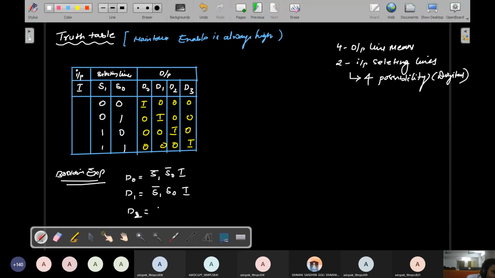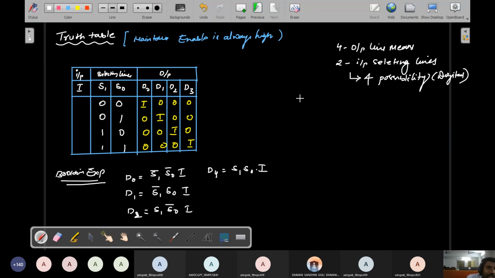Here S1 is direct, but S0 is bar, into I. And what is D3? D3 is the 1 1 combination. So finally you write S1 S0 into I. Okay, so these are the Boolean expressions of the outputs.